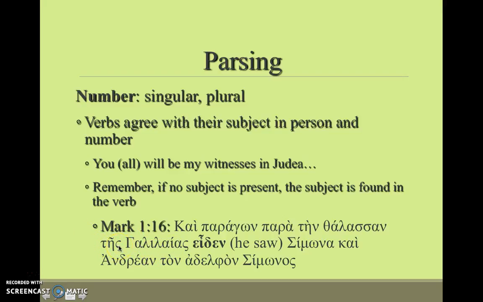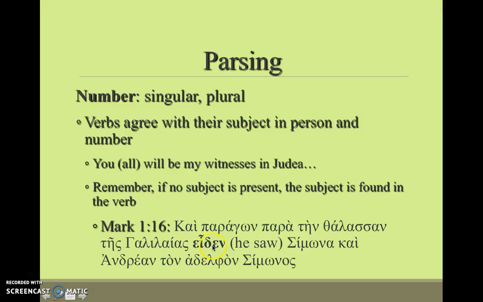If we were looking at Mark 1:16 using BibleWorks, we would find that paragon, while it has an omega nu, which often is genitive, is actually a nominative participle, which we haven't even gotten to yet. This sentence begins with a participial phrase with a prepositional phrase right there, alongside of the sea, para tan thalassan, a genitive of Galilee. Which sea? The Sea of Galilee.